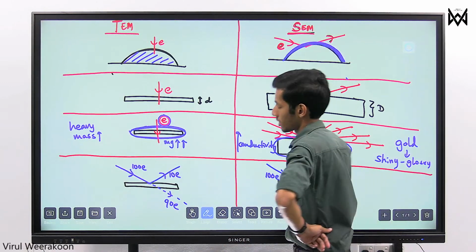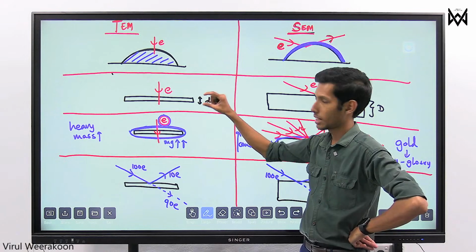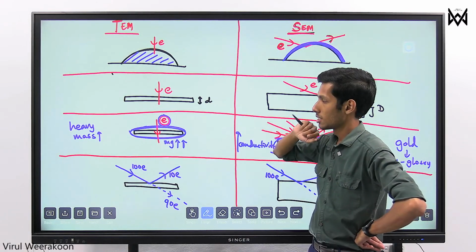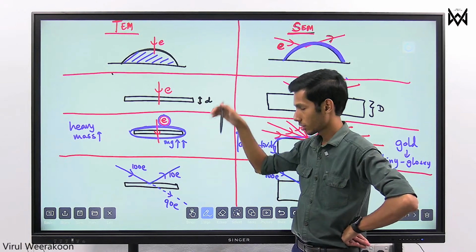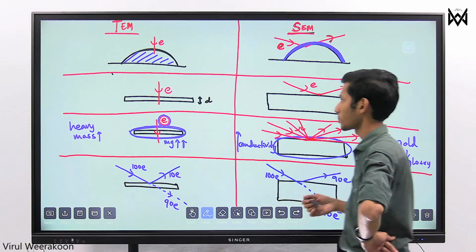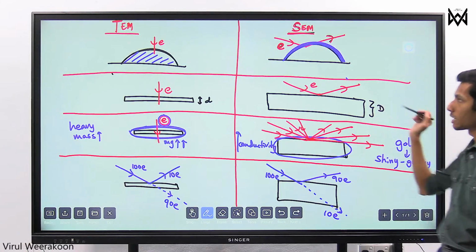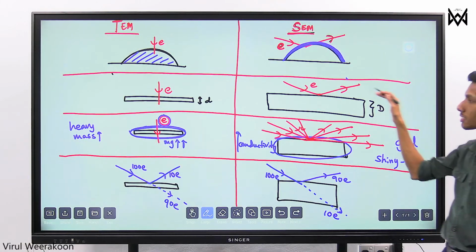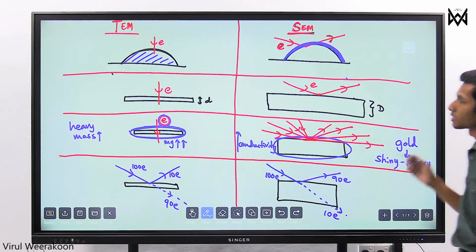For that, the specimen is prepared in a very thin arrangement and coated with heavy metal, so that the mass of the metal supports the electrons moving through quickly. Scanning means the surface view. It scans the surfaces of cells in order to get the 3D structure of the surface view.